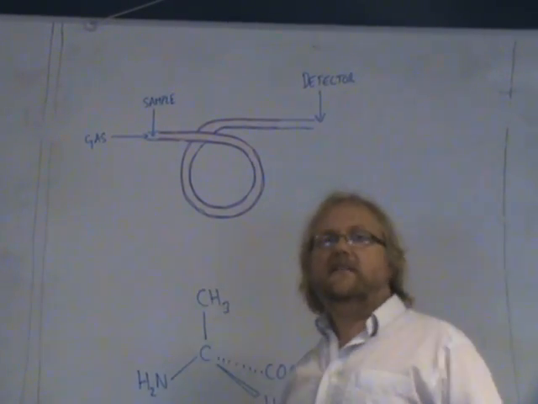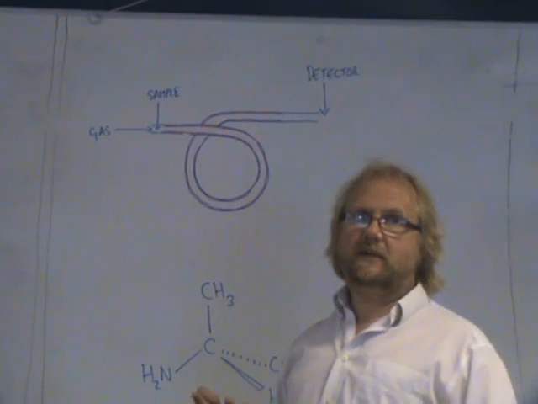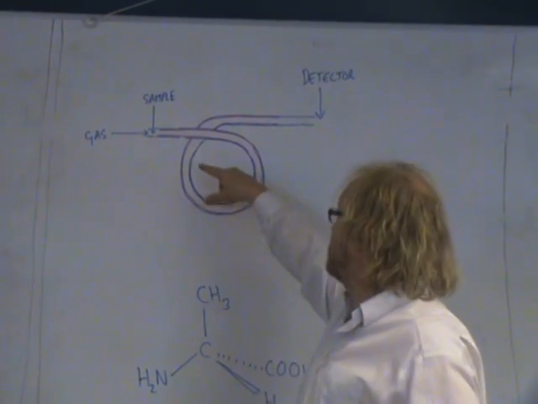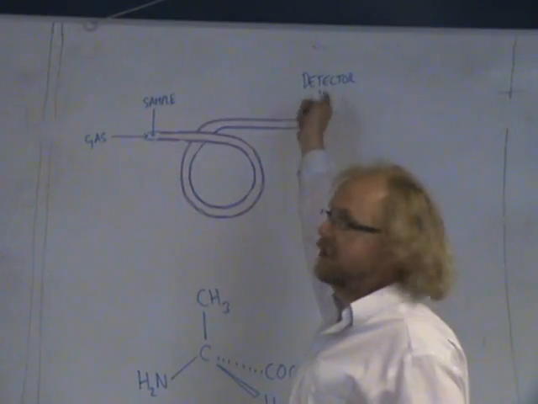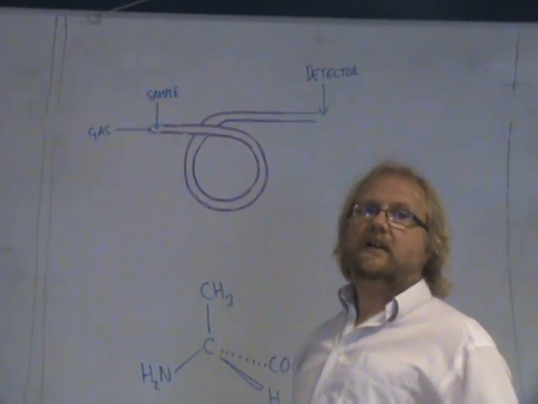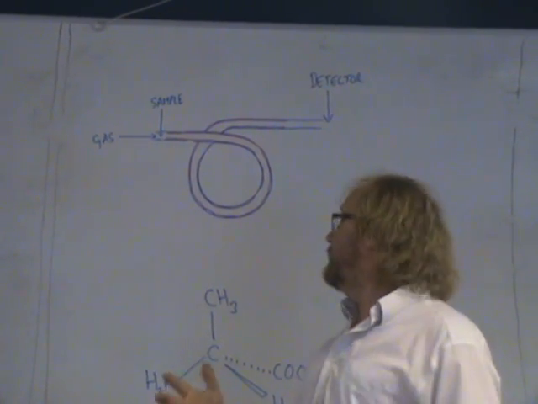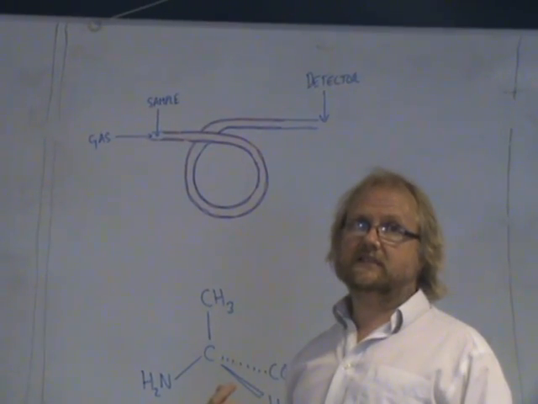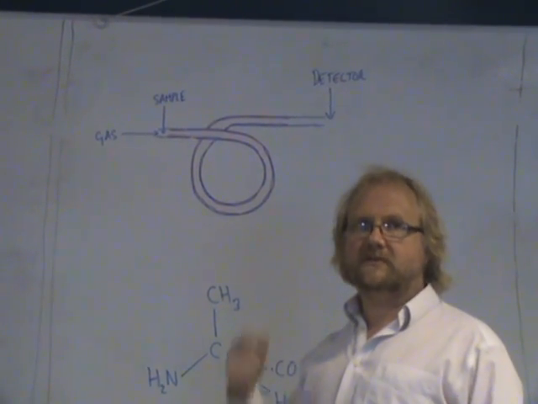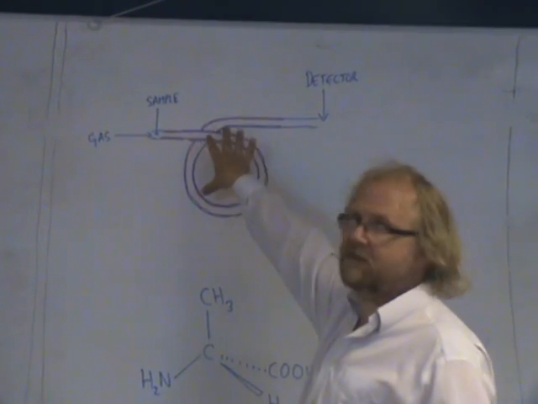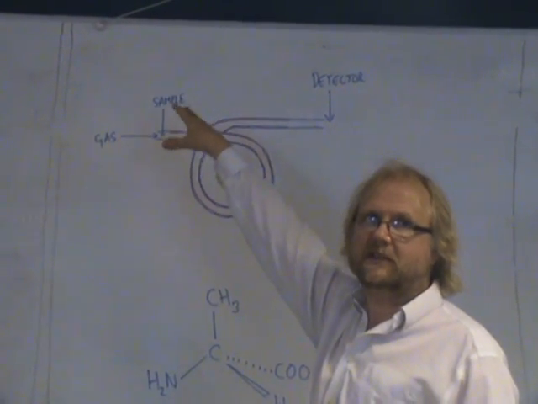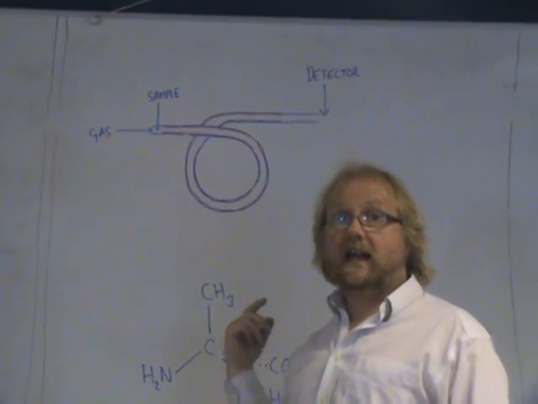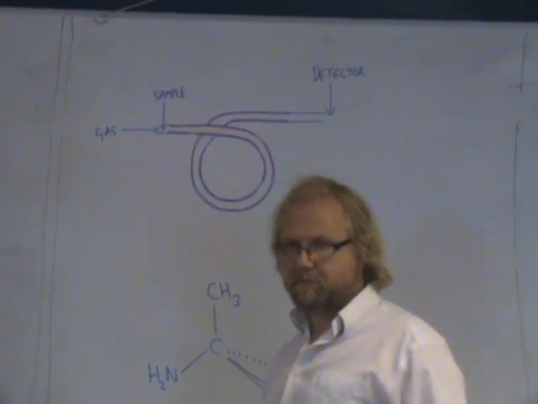The other is that the more volatile the amino acid is, the easier it will find it to escape from the liquid again and carry on its way. So the more volatile the amino acid, the shorter the retention time will tend to be. So make sure you talk about both of those things. Solubility in the stationary phase, which remember is the proper term for the liquid lining the column, and volatility.